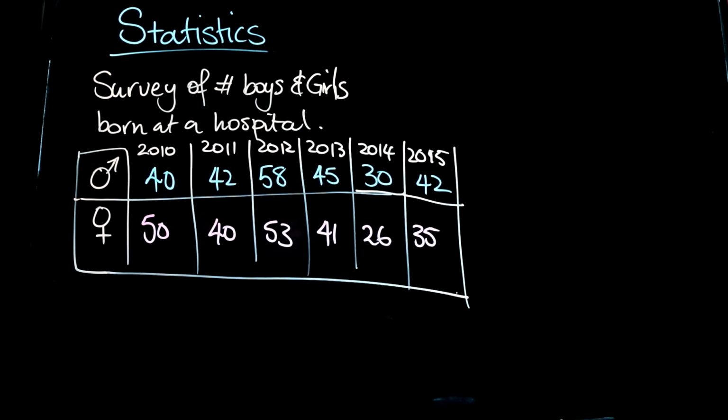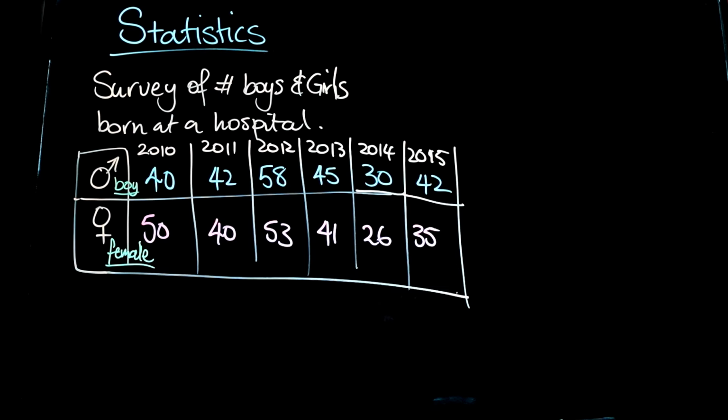And if you're not familiar with this, these symbols here are male and female symbols used in science, and I'm going to use them a little bit because I'm looking for a quick way to sketch the data here and get a sense of what's happening.